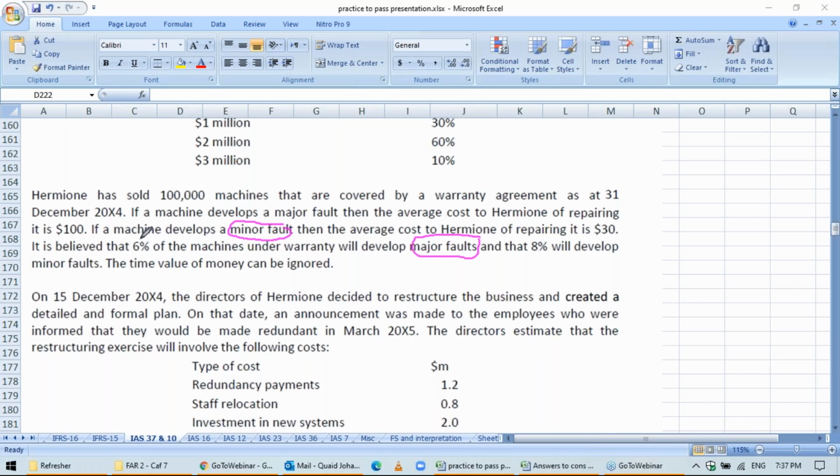The chances of minor fault is 6% and major fault is 8%. And the cost of repairing is $30 for a minor fault and $100 for a major fault.